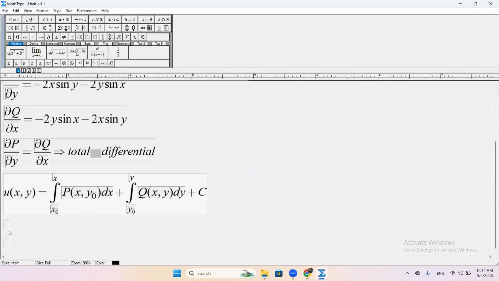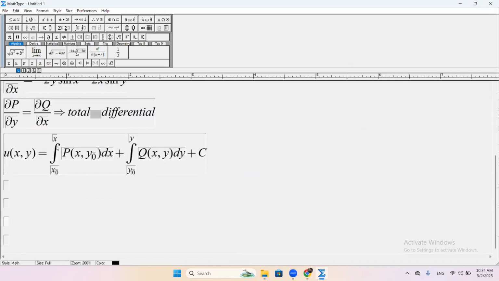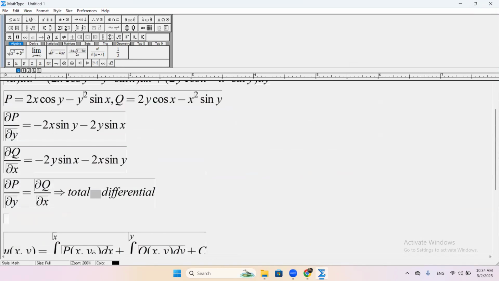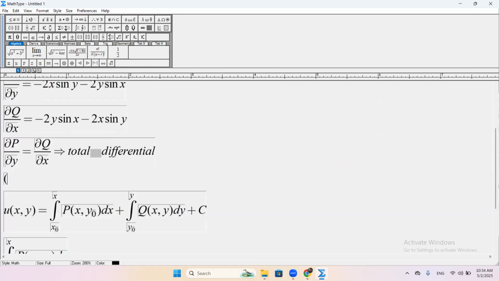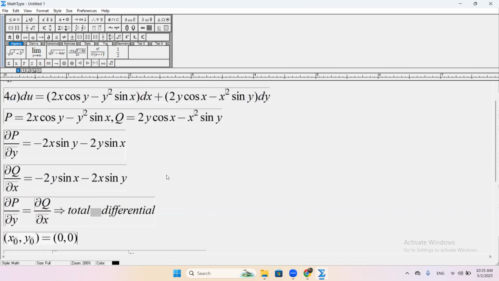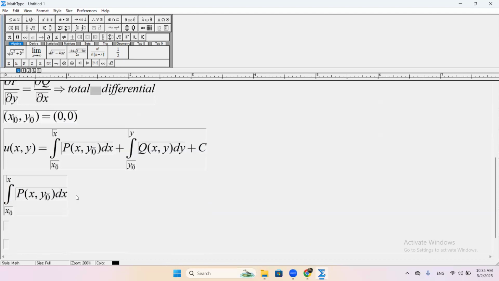So now let's calculate these integrals. By the way, let's choose the point x0, y0. We can choose any point that belongs to the domain. And in this case, usually it is more convenient to take point (0, 0). Actually, this expression really allows us to do it.